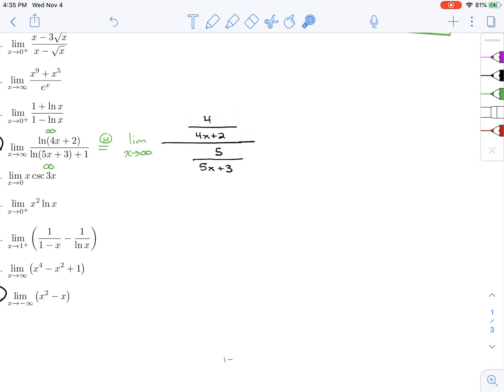But here's what I want to do. Let's get rid of these double fractions. So I've got 4 over 4x plus 2 times the reciprocal of the other one.